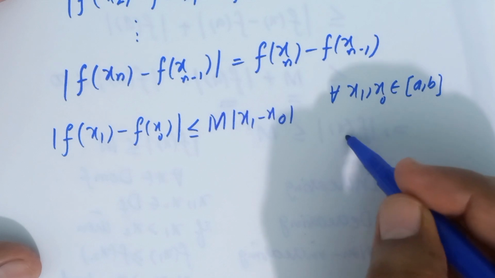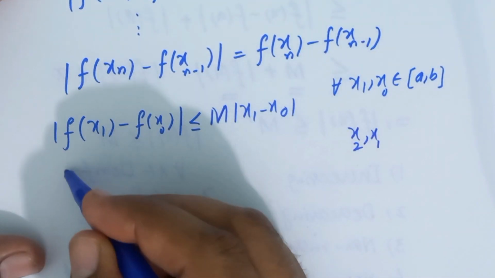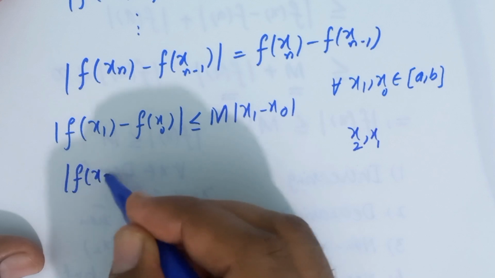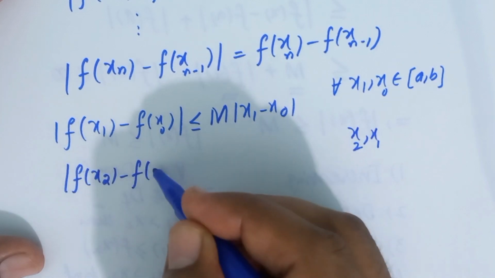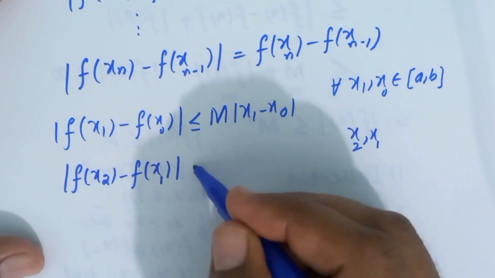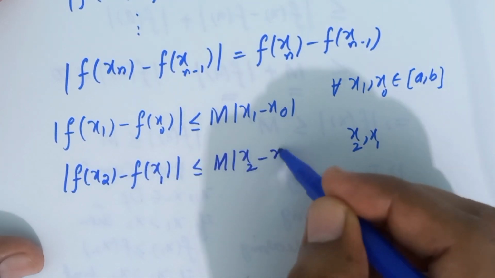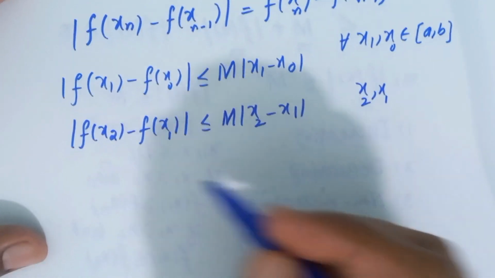Similarly, if we take points x2 and x1 belonging to this closed interval, then again by the definition of Lipschitz condition, we can write the absolute value of f of x2 minus f of x1 is less than or equal to m times the absolute value of x2 minus x1.